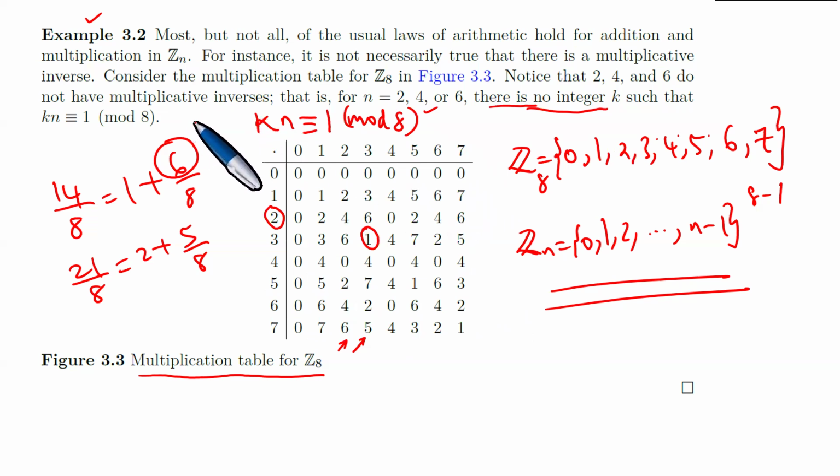So in other words, 2, 4, and 6 do not have multiplicative inverses, whereas the others do. Like 7 does have, because what is the multiplicative inverse of 7? The multiplicative inverse of 7 is 7, because 7 by 7 is equivalent to 1 modulo 8.